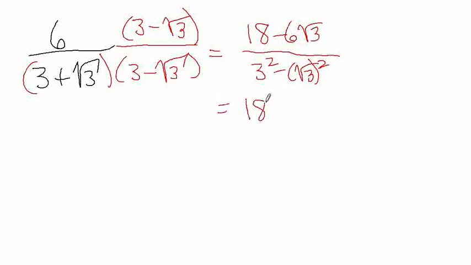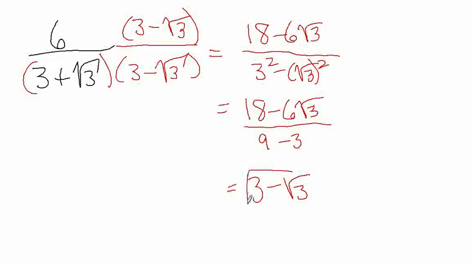And that's going to be equivalent to 18 minus 6 root 3 all over 9 minus 3, which is 6. So I can divide both terms on top by 6 to get 3 minus the square root of 3.